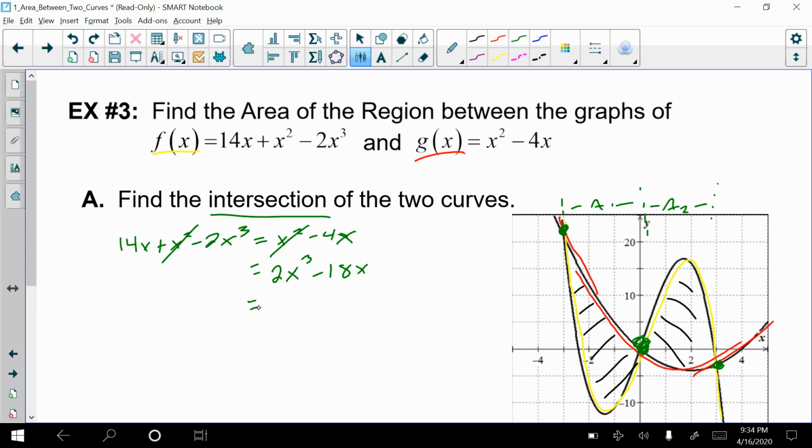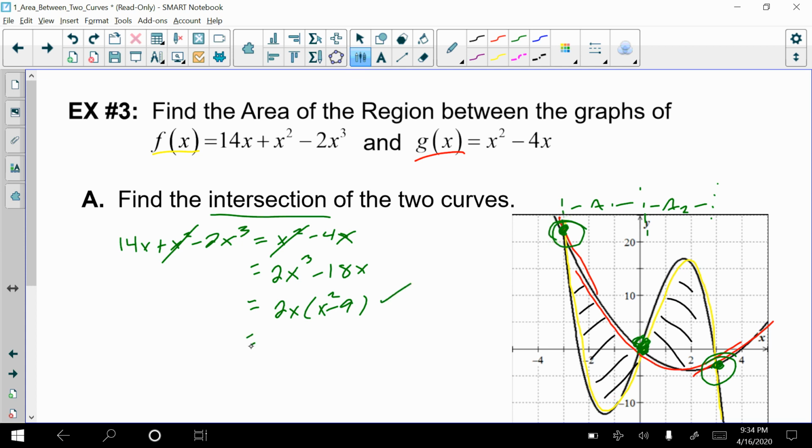From here, we can factor out a greatest common factor, 2x, giving me x squared minus 9, and that is very much the difference of two squares. So our estimate of about negative 3 and about positive 3 is going to check out.